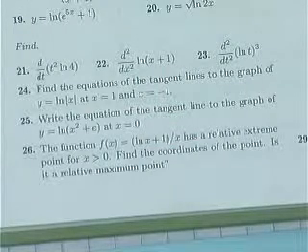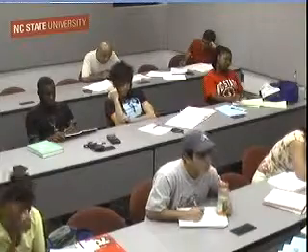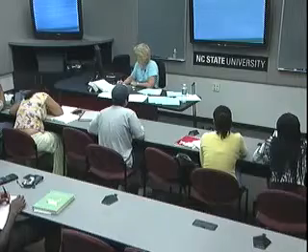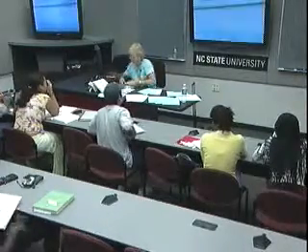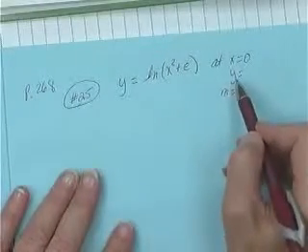What do you need to write the equation of a line? Okay, we need a point, and we're going to need a slope. If x is equal to 0, where do I find the y value?